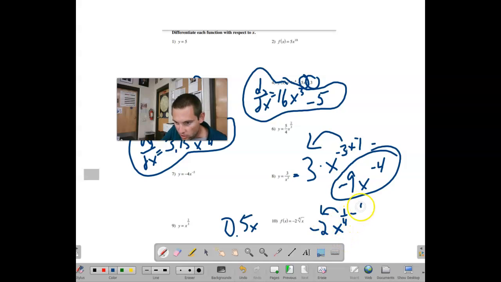And then we're going to subtract a full fraction, 1/4, that's going to give us a negative 3/4. Negative 3/4, there we go. 0.5x to the negative 3/4.